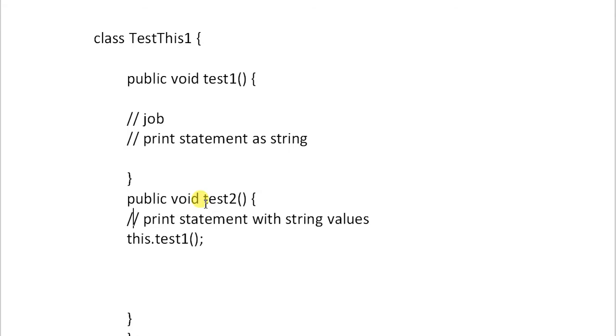The other method has random print statements with string value, and it is trying to access the test1 method, which is the current class method. So to access the current class method, we can use this dot method name, that is test1.